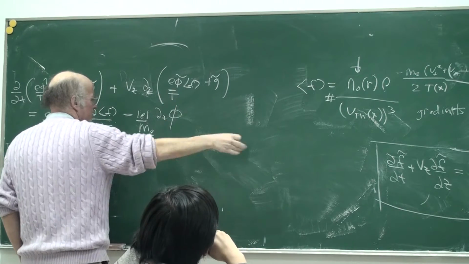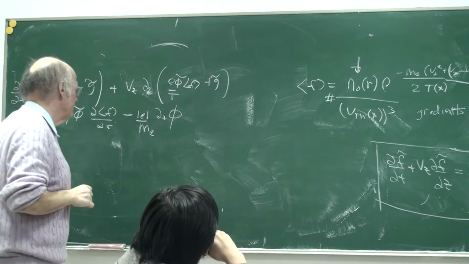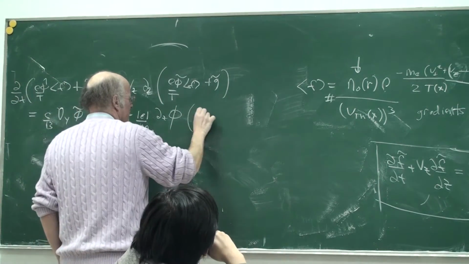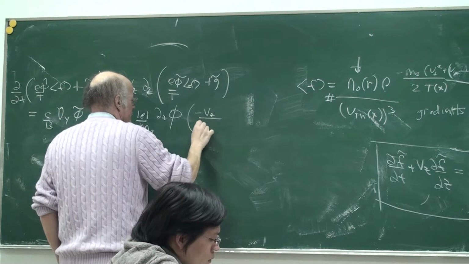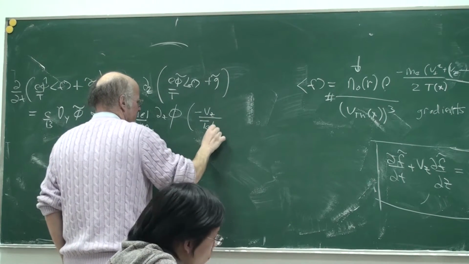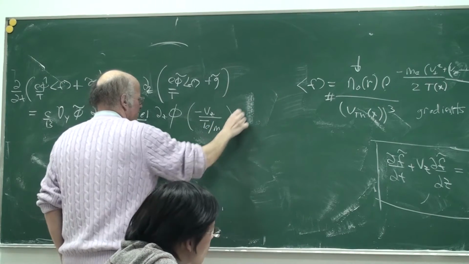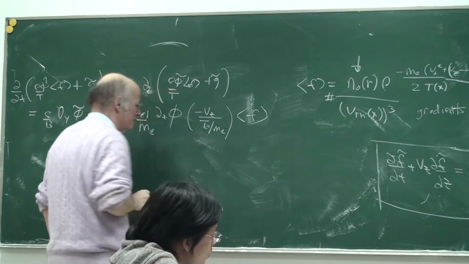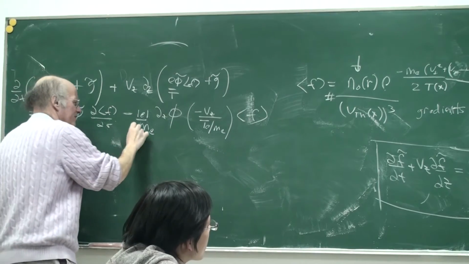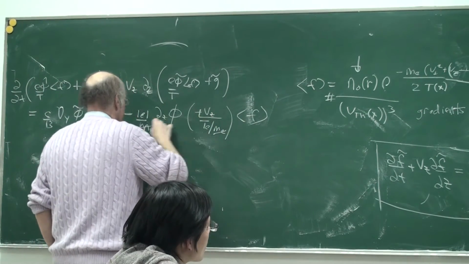And since we know this is a Maxwellian, we get a minus Vz over V thermal squared, which is TE over ME, times F Maxwellian. And so we can cancel this and this with that.